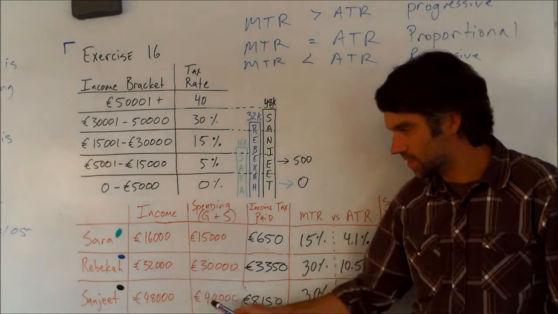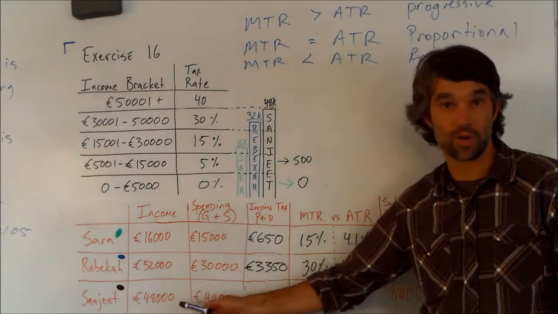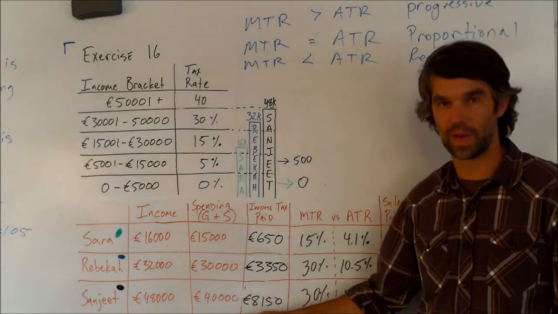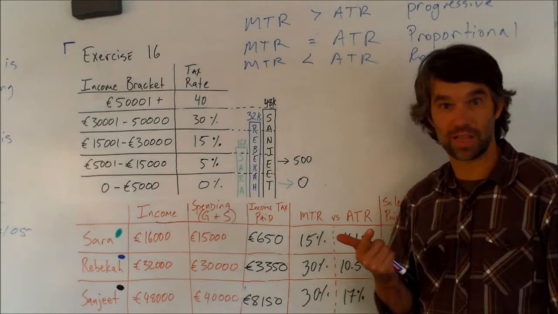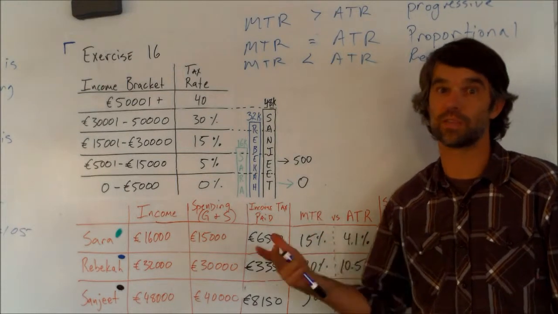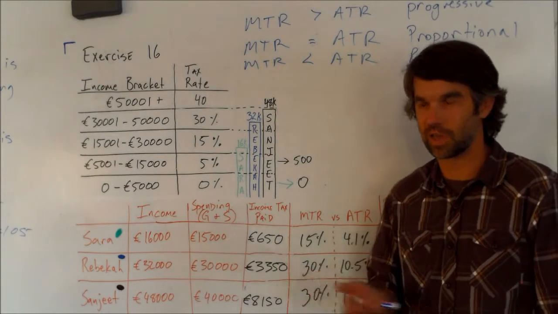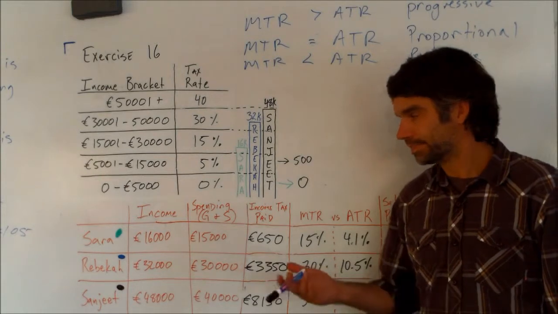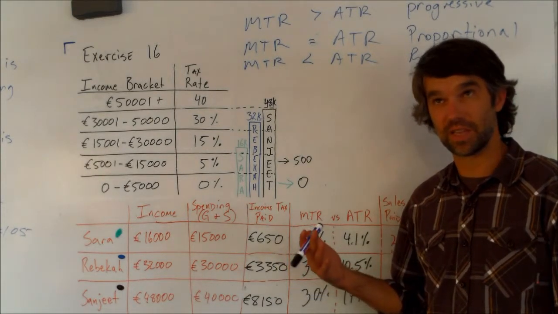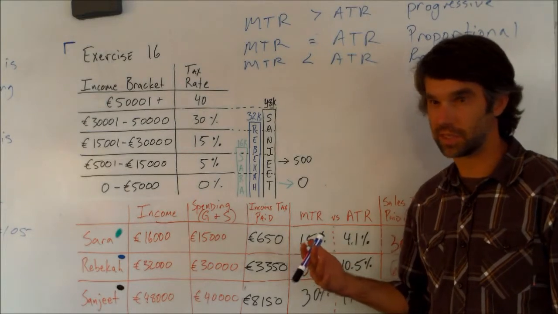This person, Sanji, we can see is saving, or not spending on goods and services, a much greater proportion of their money. Could be saving, could be investing. It could be that you've traveled to a foreign country, so you're not paying sales tax in the country that you're talking about. Anyhow, thinking of it as savings is probably the easiest thing to do.